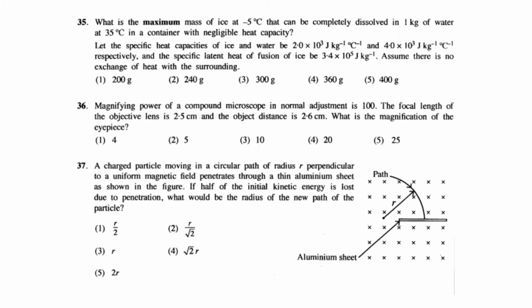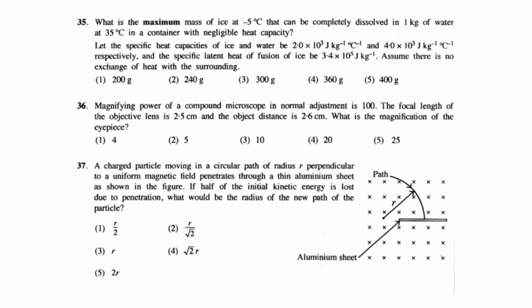That total heat is supplied by the water. m s delta theta, m is 1 kilogram, s is 4 into 10 to the power 3, temperature change is 35 minus 0. By calculation you get m is 0.4 kilogram, that is 400 gram. Answer 5. Question number 36.